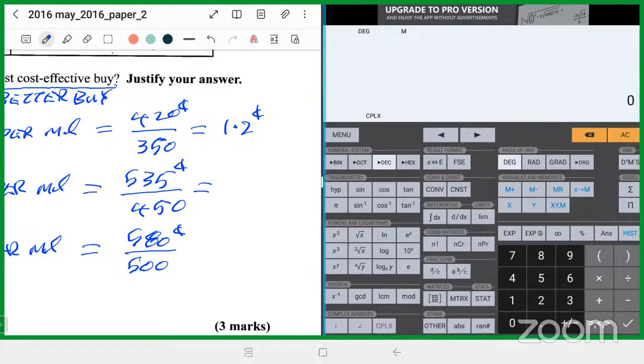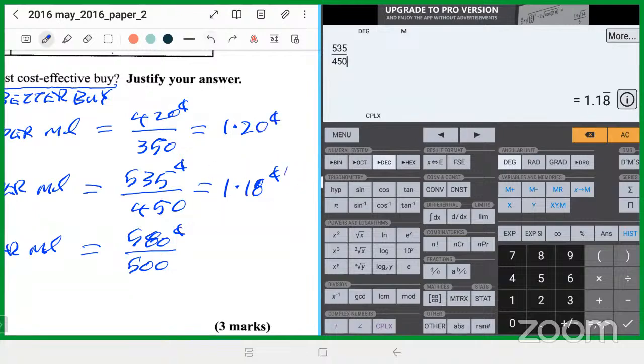The second one is 535 over 450, and that we're paying 1.18 cents. So this one is less, because the first is the same as 1.20. This is 1.18, so it is less. If you write in 2 decimal places, this will be 1.20 and this is 1.18. So this one so far is better than that one.